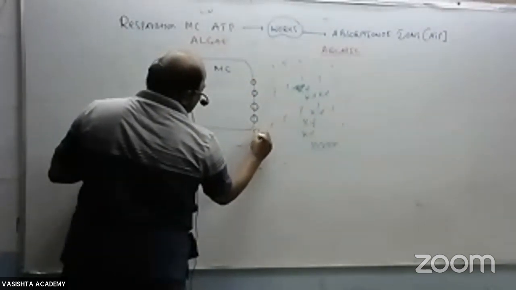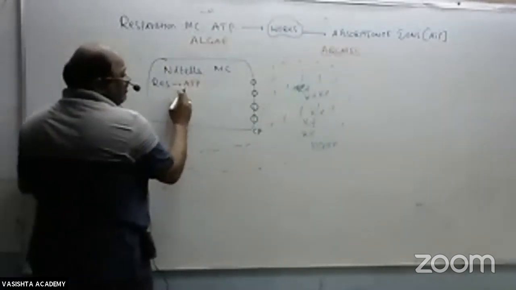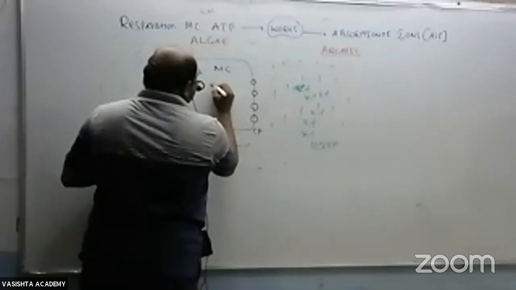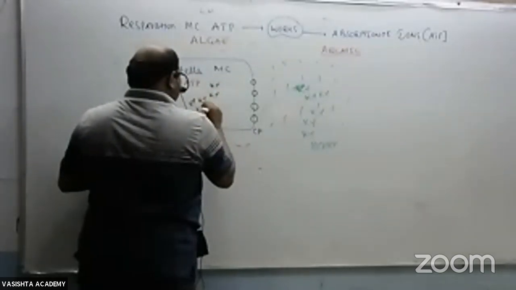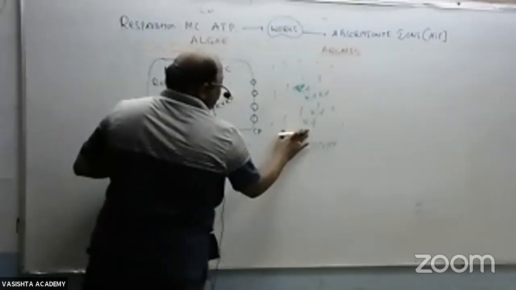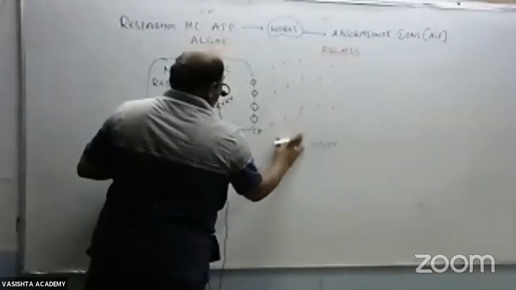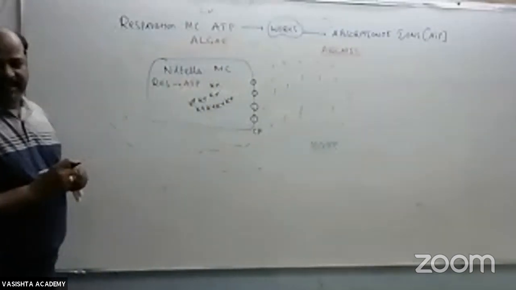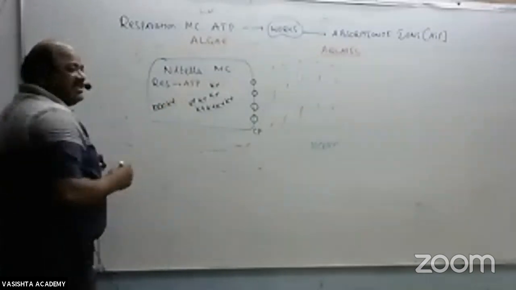Carrier proteins are present. By utilizing these ATP molecules, all the K plus ions were absorbed into that Nitella algal filaments. No K plus ion is there now. Why? Because it absorbed each and everything.